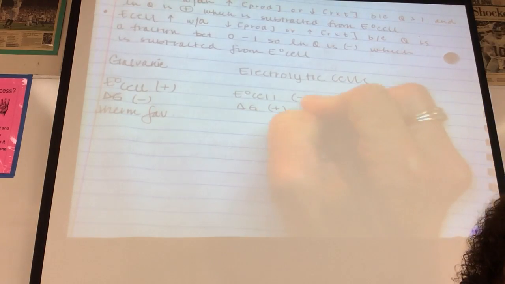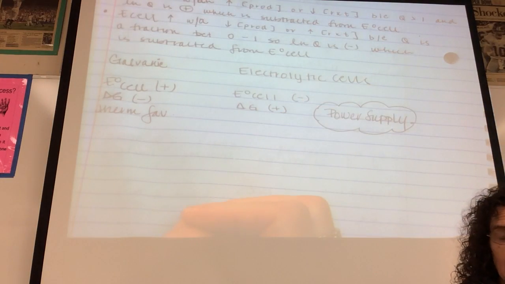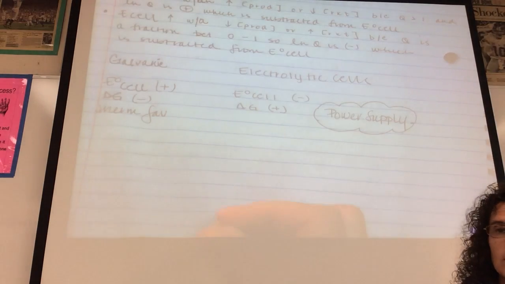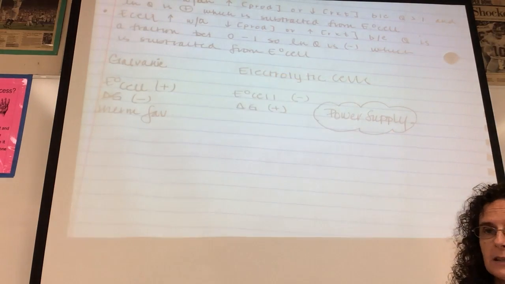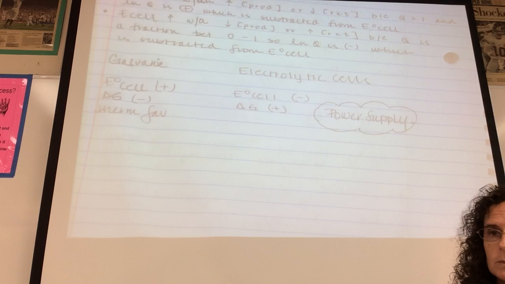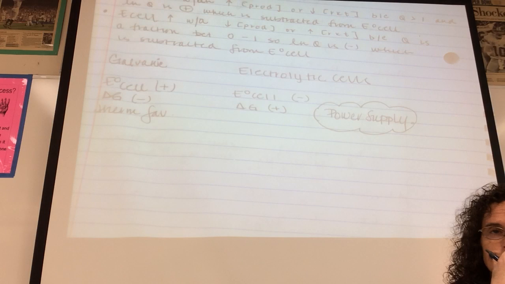You can use a battery. Lots of things you can use, and we'll take a look. Rechargeable batteries fall under this category. Can you use a galvanic cell to power an electrolytic cell? It may not provide enough power.